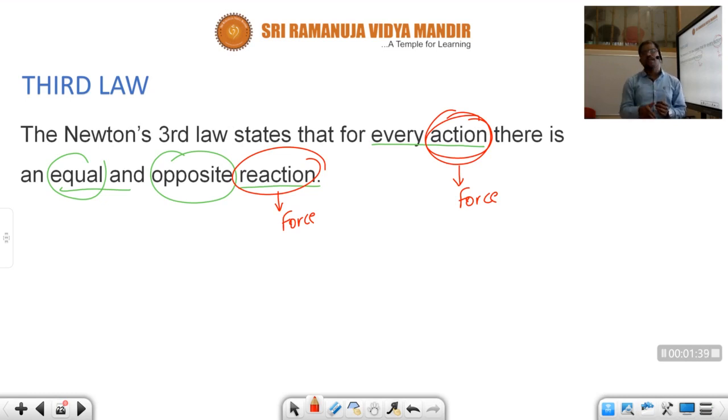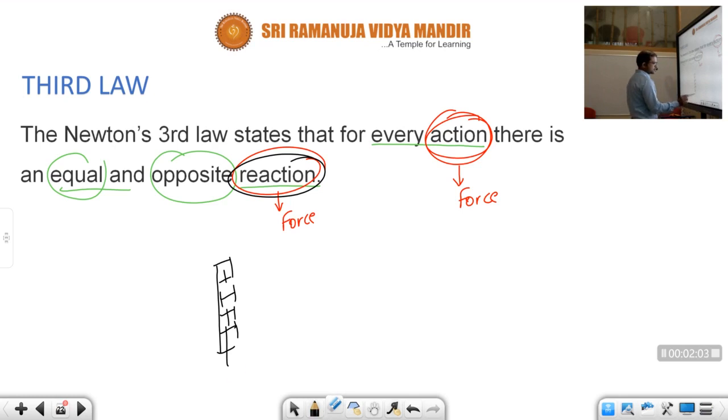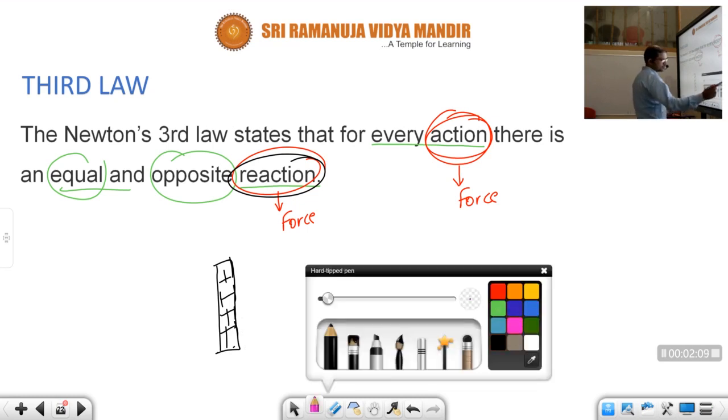Okay, children, in this case, you are applying action, the force you apply on that particular body. You are applying force on that wall. Children, let us consider a wall, any wall or any rigid strong support.